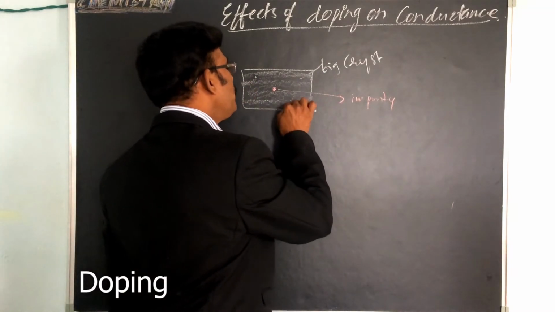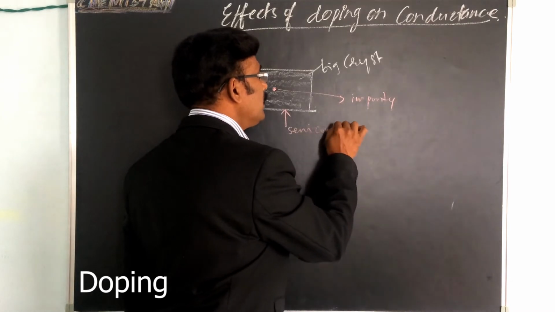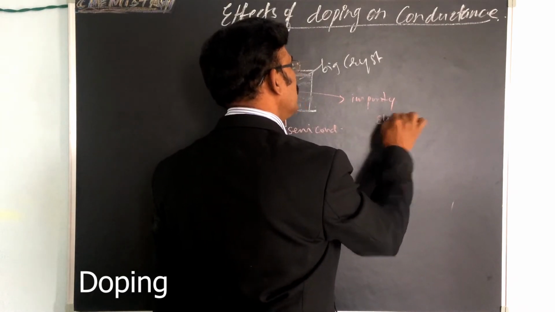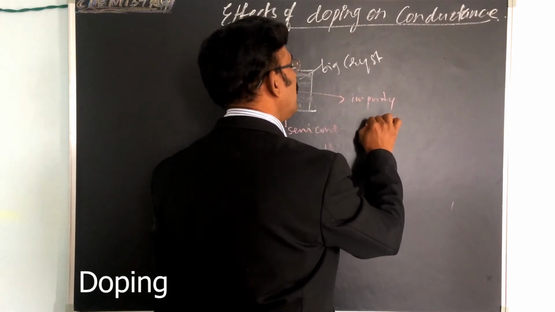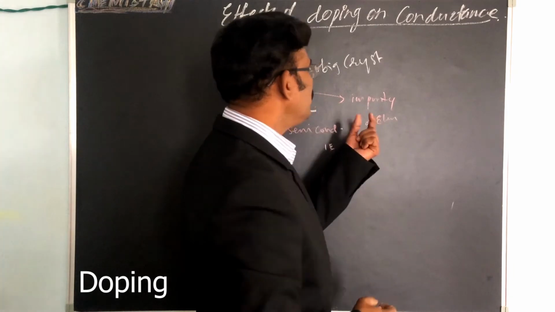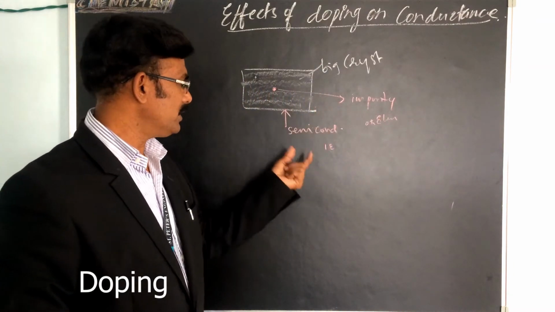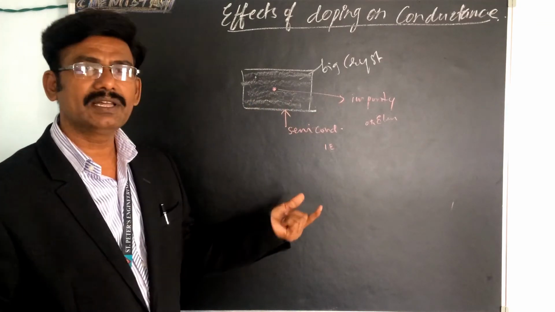For example, there is a big crystal, and here we add a small quantity of impurity. The other element, in a small quantity, acts as an impurity in the semiconductor crystal.